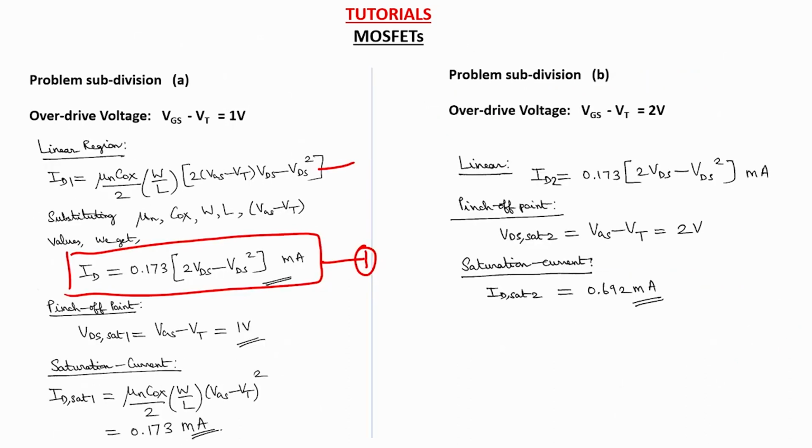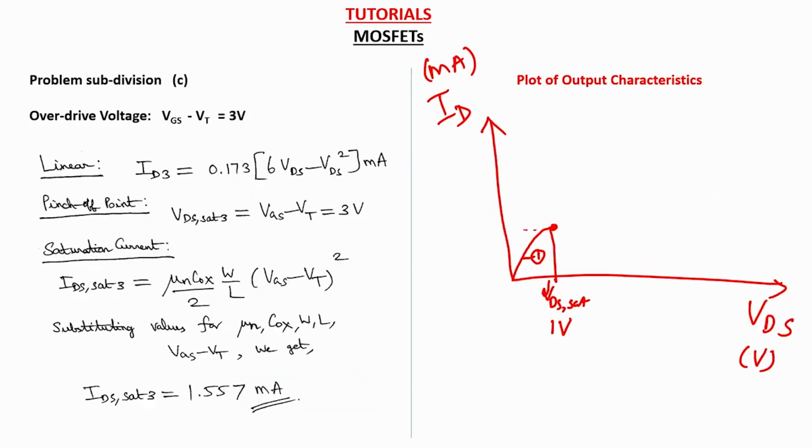Then we calculate the saturation current value using the saturation current equation, and you find that it turns out to be 0.173 milliamps. So we plot that here. From then on the MOSFET enters saturation. This is for the gate overdrive voltage given in subdivision A of the question.